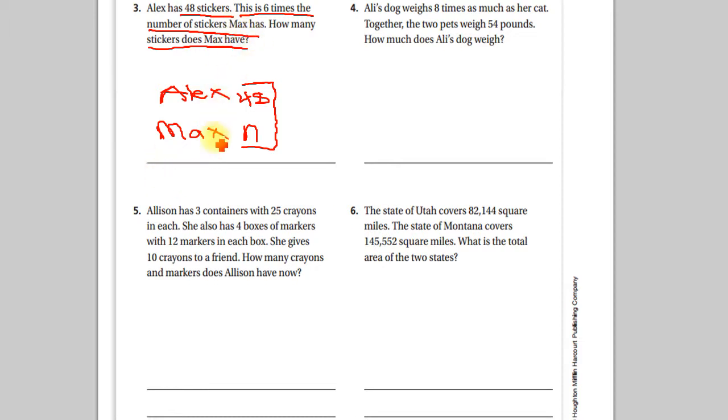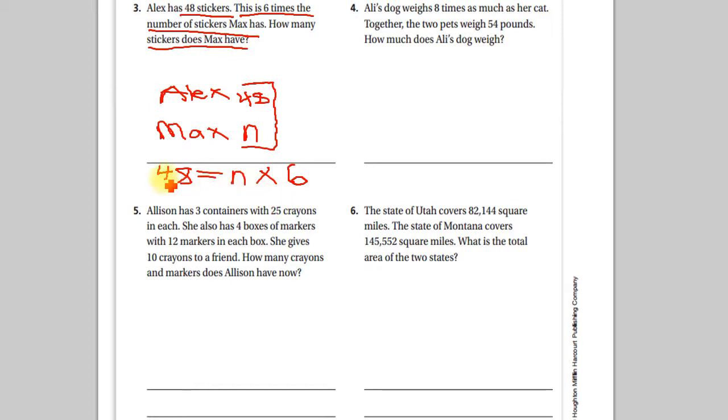But we can set up our problem now, because we know that number that Alex has, 48, is equal to the number that Max has times what? Well, let's look back at our problem. This is 6 times the number Max has. Well, if Max's number is n, then n times 6.